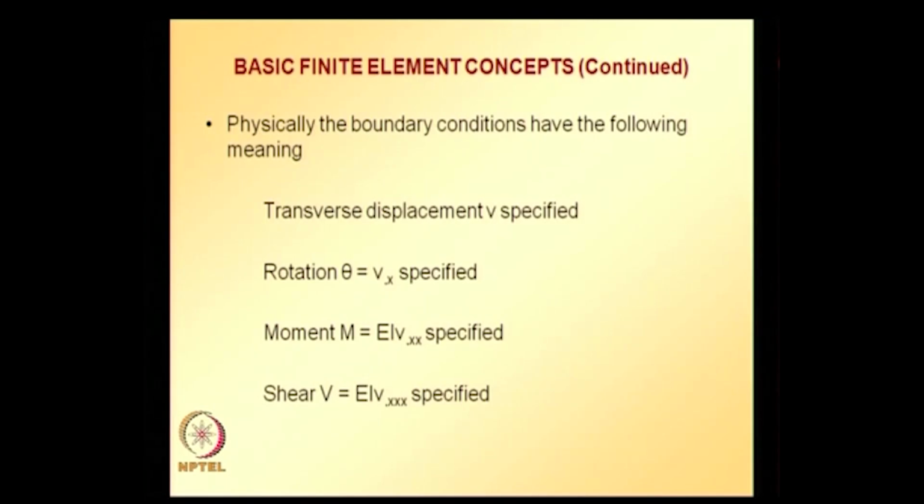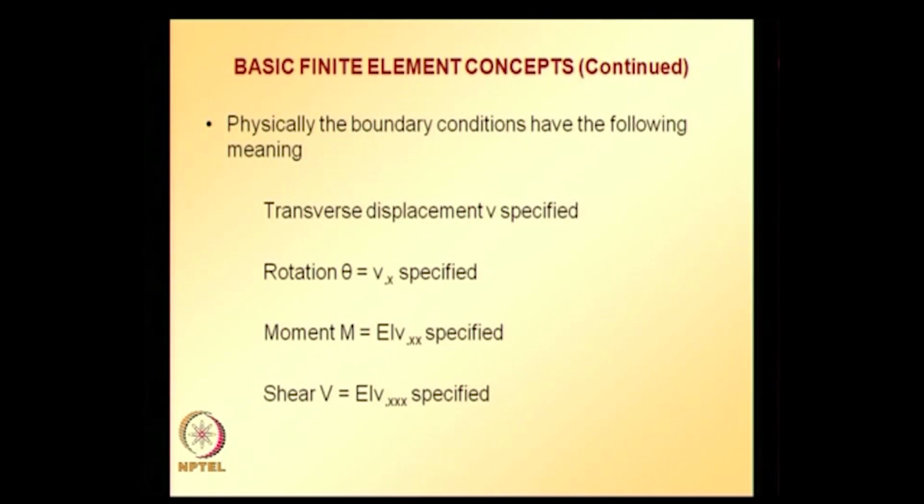So, if a differential equation is of order 2p, those boundary conditions of order 0 to p minus 1 are essential boundary conditions, and those of order p to 2p minus 1 are natural boundary conditions. Based on the thumb rule, boundary conditions involving V and first derivative of V are essential, and those involving second and third derivatives of transverse displacement are natural boundary conditions.